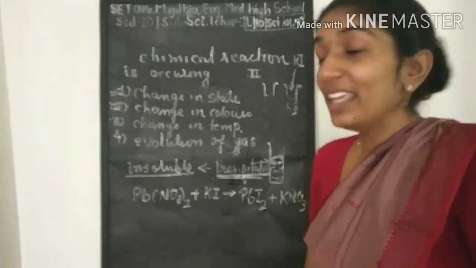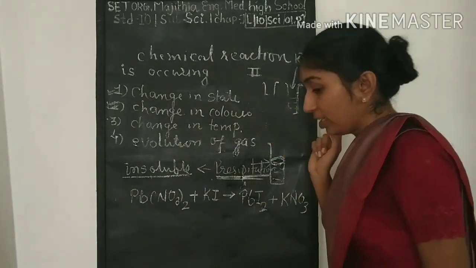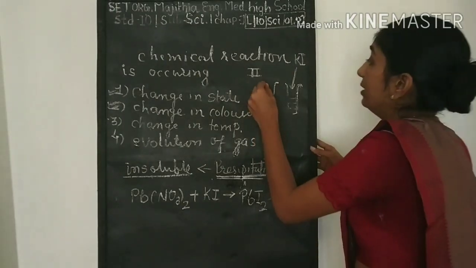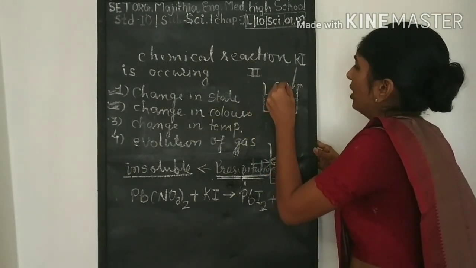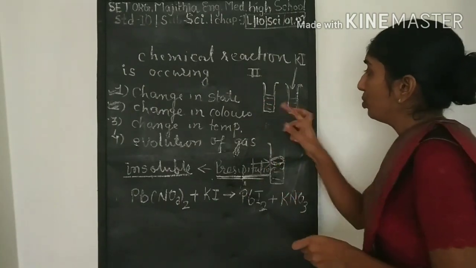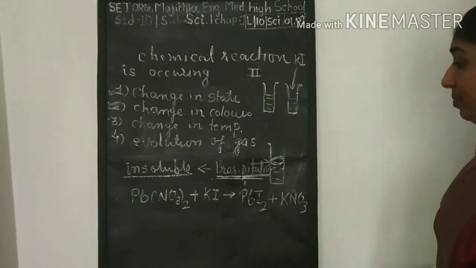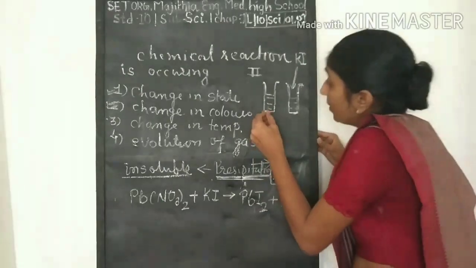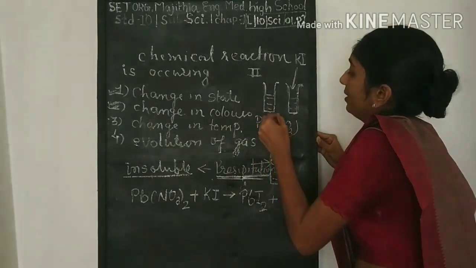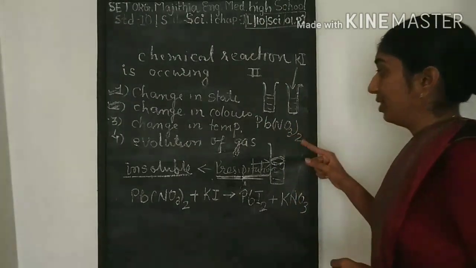Second activity. In this activity, we are supposed to take two separate test tubes, and add one test tube's contents into the other. In the first test tube, we are going to have Pb(NO3)2, which is lead nitrate.